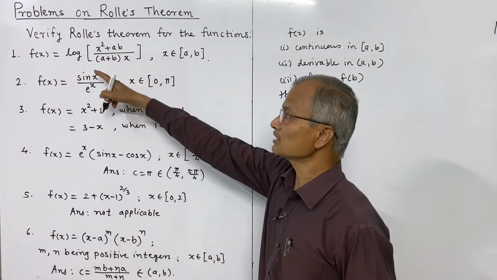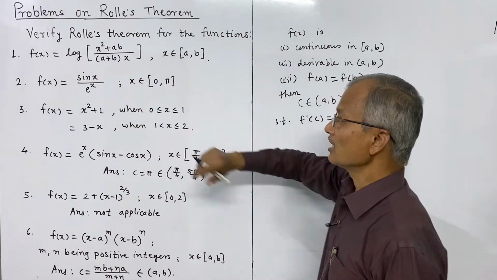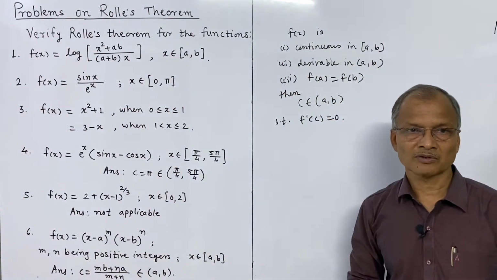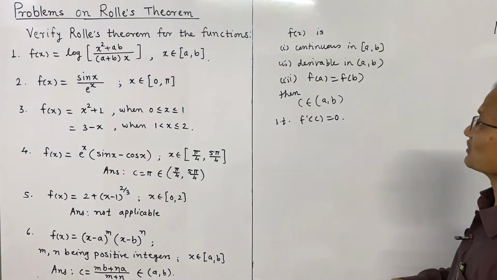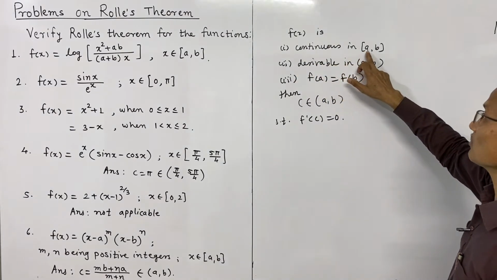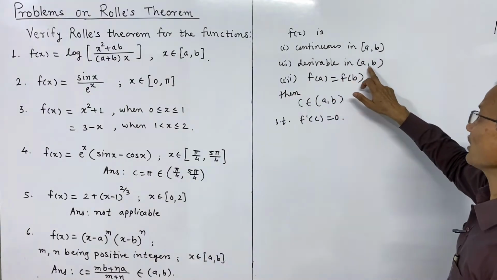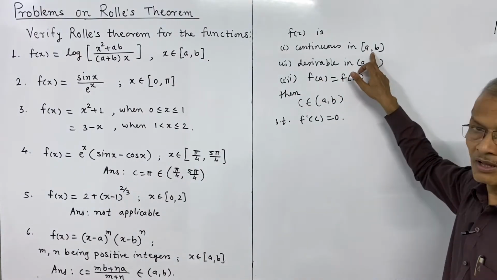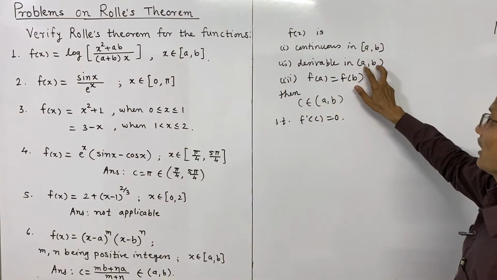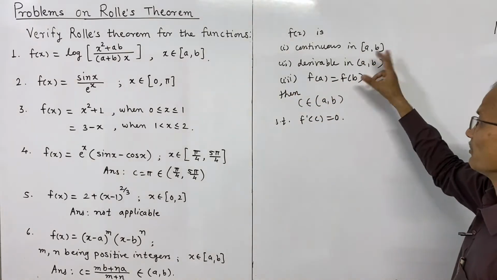Now the function first is f of x is equal to log of this expression. So first we have to check the three conditions of Rolle's theorem. If the three conditions are satisfied, f of x is continuous in closed interval a comma b, derivable in open interval a comma b, we know the difference between closed interval and open interval. Here the endpoints are not included, and here the endpoints are included in the interval and all the in between points.